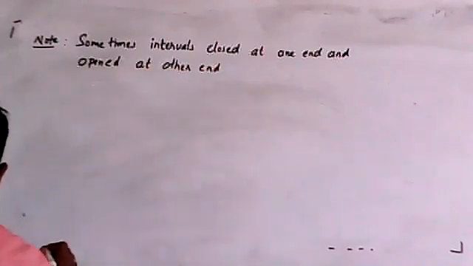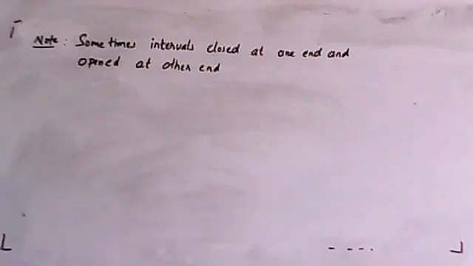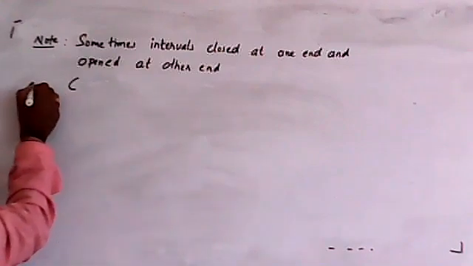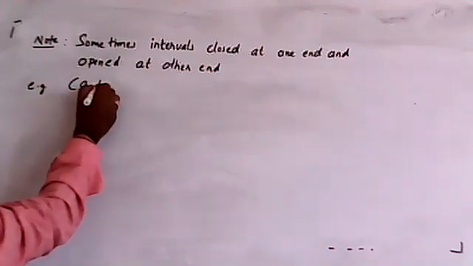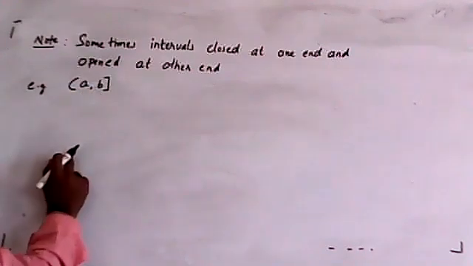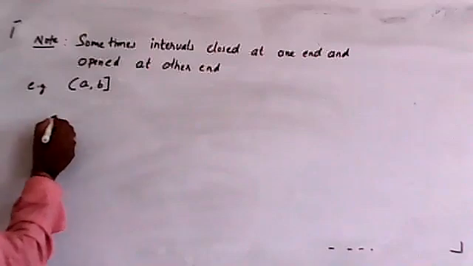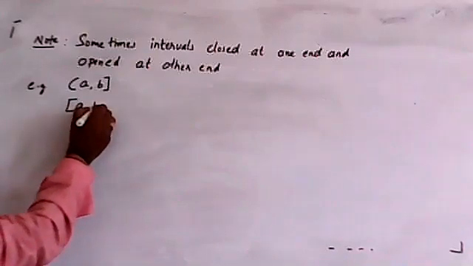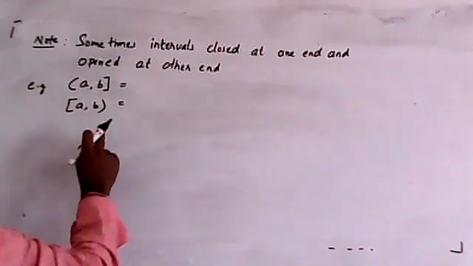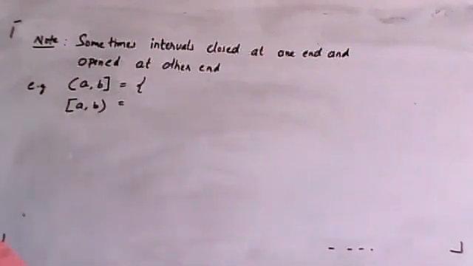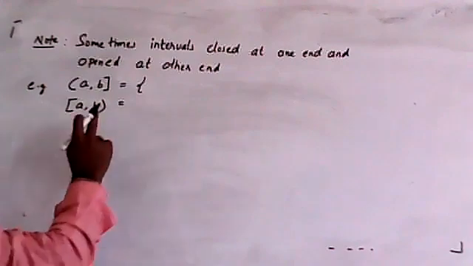Let me give you an example. For example, I'm giving the open interval a comma b, closed interval. Or else I can give it like this: a, either one side it is open and one side it is closed. This is how I can represent it now in rule method, that is set method.